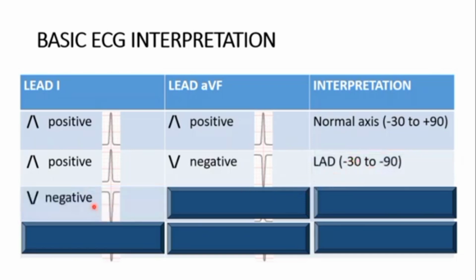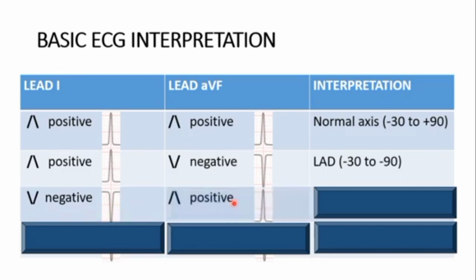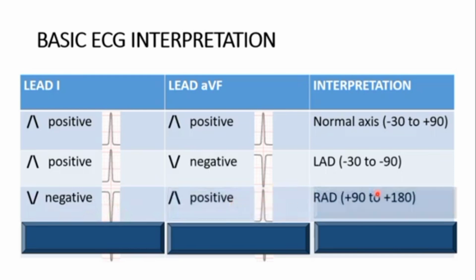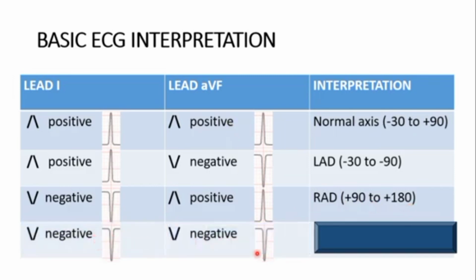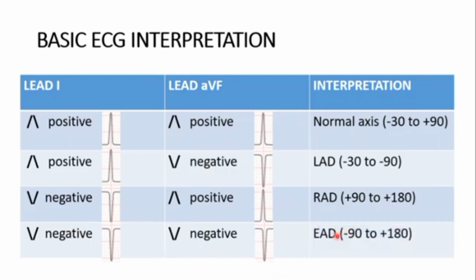If lead 1 is negative and lead AVF is positive, this is right axis deviation. If both lead 1 and lead AVF are negative, this is extreme axis deviation. Know this table well so that you can easily interpret the axis questions.